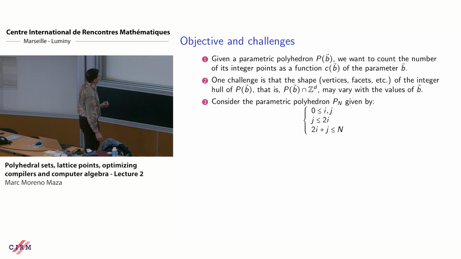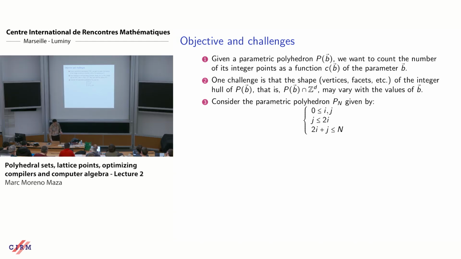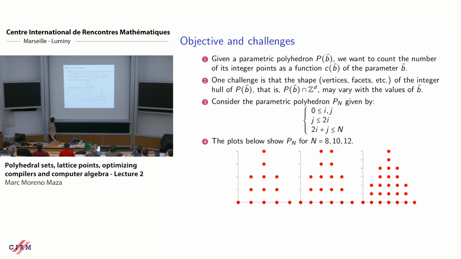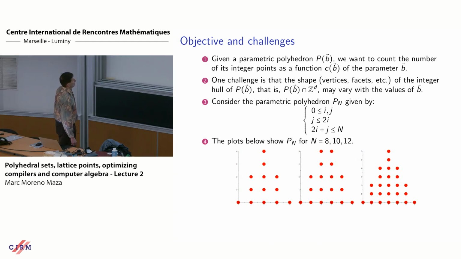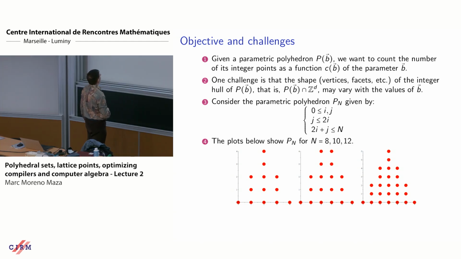So why is that problem a little bit difficult? Because the shape of such a parametric polyhedron changes, or may change, with the parameters. This was not obvious with the previous example, but this new example should make it clear. Here, for these three different values of n, our parameter, we see that we have 3, 4, maybe 5 vertices.